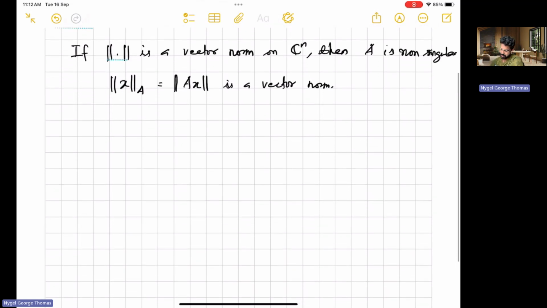Similarly, we have a theorem for matrix norms.